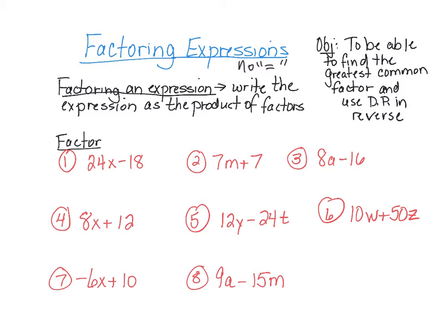How many of you don't remember what factors are? Callie, do you remember? Like factors of 6. What are factors of 6? Yep, we've got 2 and 3, and also 1 and 6.